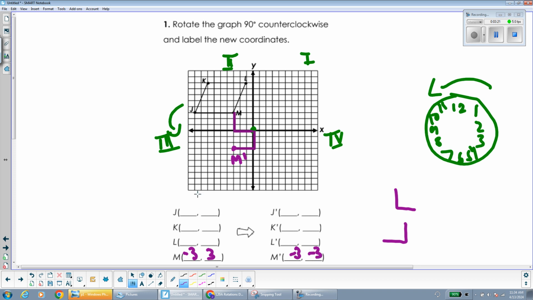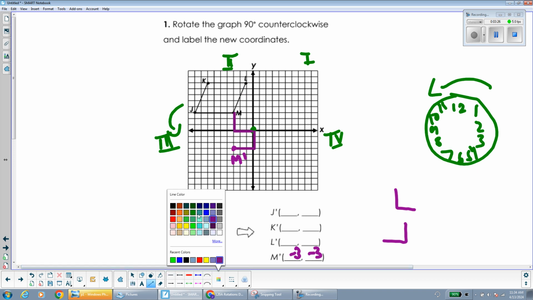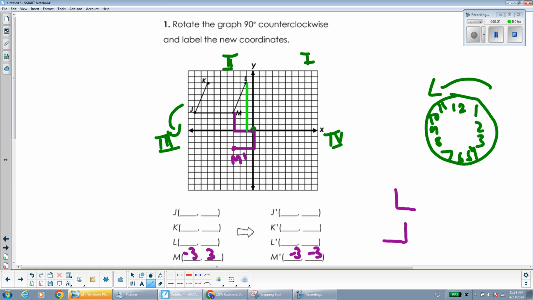Let's check out point L next. This L shape looks like this. And if I rotate it 90 degrees counterclockwise, it would look like this. This is 5 and 8, and 1 over.